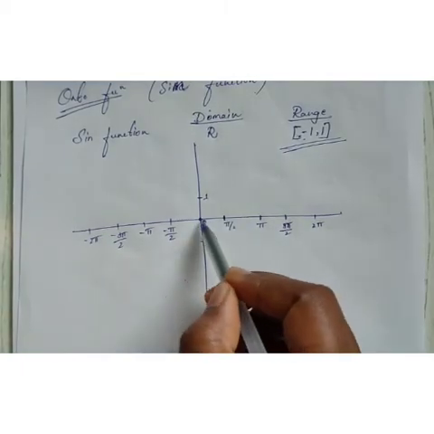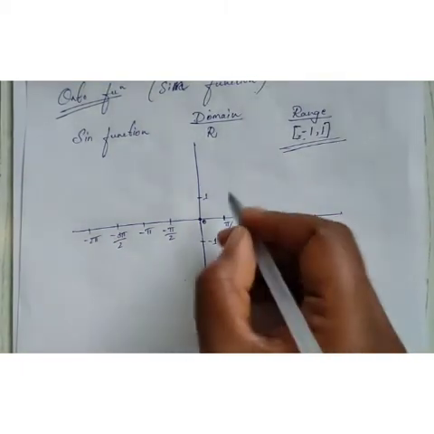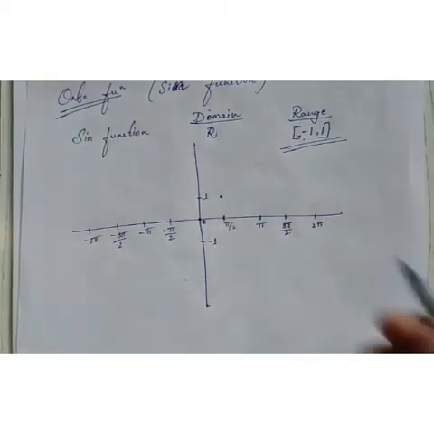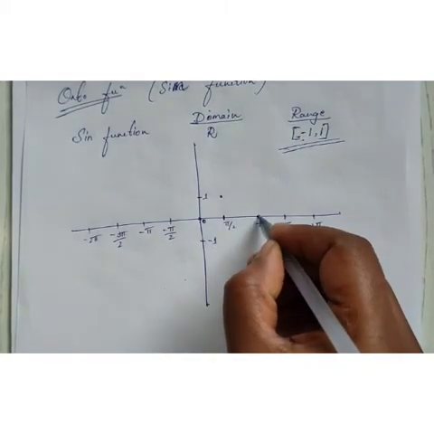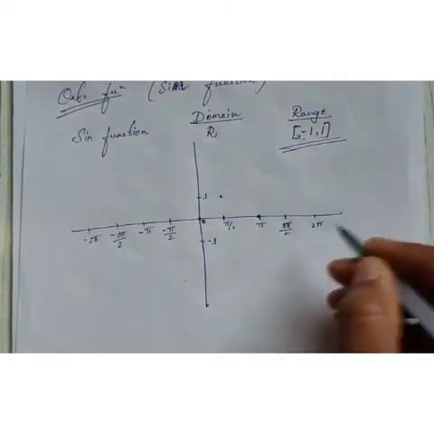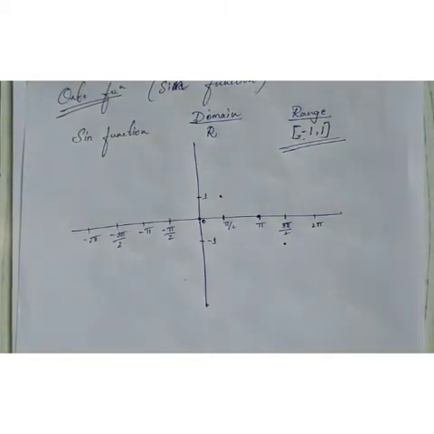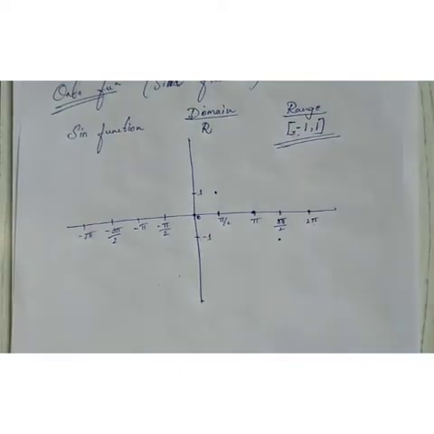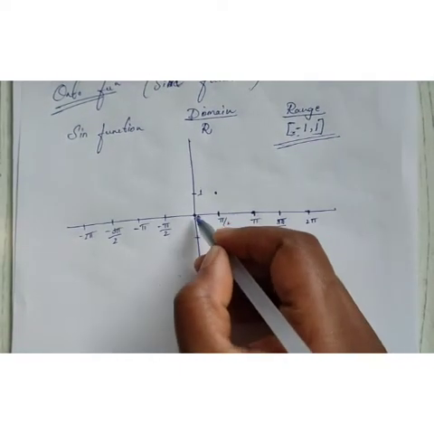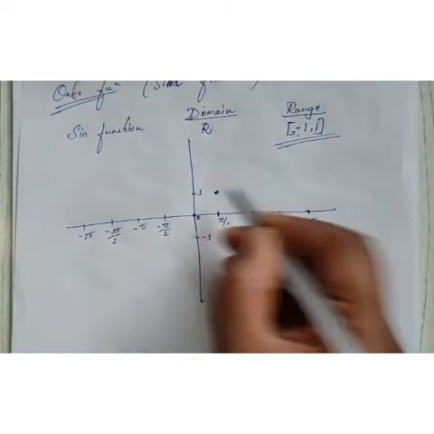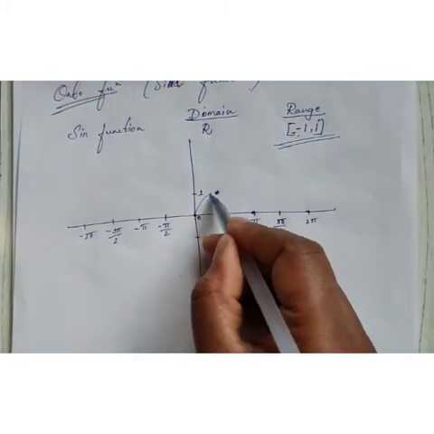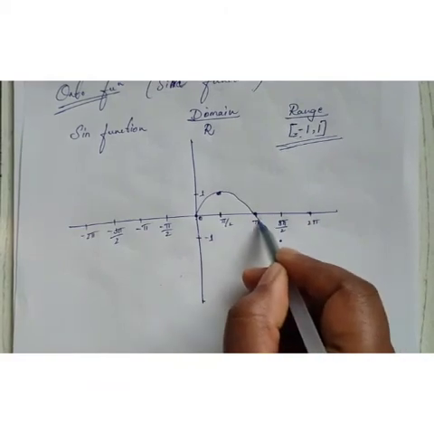Here sine 0 is 0, sine pi by 2 is +1, sine pi is again 0, sine 3 pi by 2 is -1, and sine 2 pi is again 0. So 0 lies on the x-axis. By joining these points you'll get the graph of the sine function, something like this.